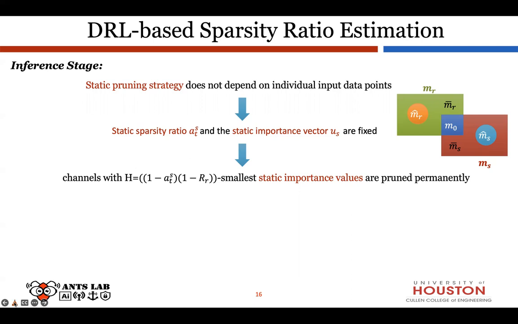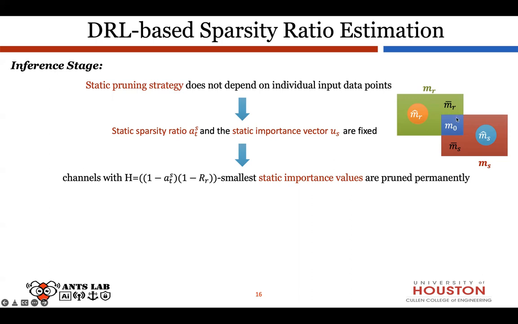But the thing is, their algorithm, do you do that iteratively, or do you do that in a single round? Because the sparsity ratio is kind of dynamic. Yes, I think for this static sparsity ratio, we do it one time, since after we decide it, we will fix it.